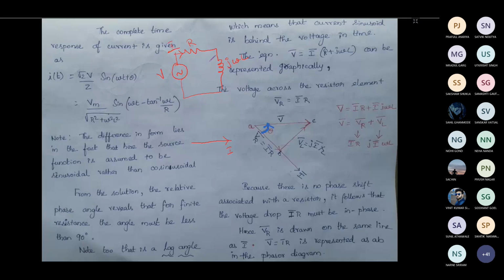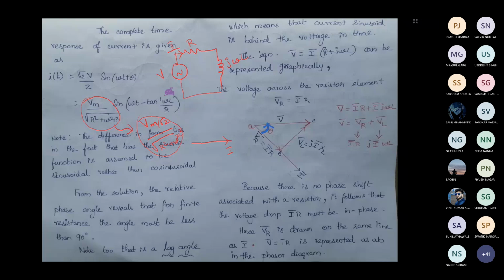Okay, so now if you see this phasor value, this is peak value, we will be getting I magnitude as Vm divided by root 2 divided by root of R square plus omega square L square. What is this? This is the magnitude of the current, and the angle is some angle minus theta.